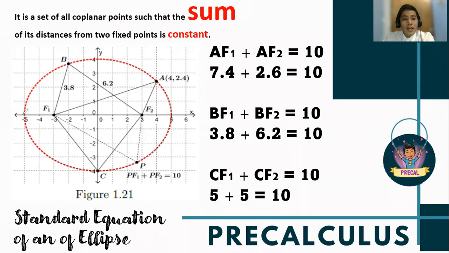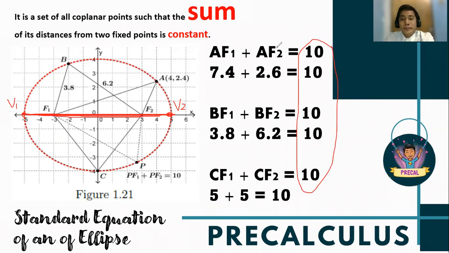Now, look at the vertices. We have V1 with coordinates (-5, 0) and V2 with coordinates (5, 0). Observe the length of the major axis. What is the length of the major axis? Notice that it is exactly equal to 10, which is the constant sum.